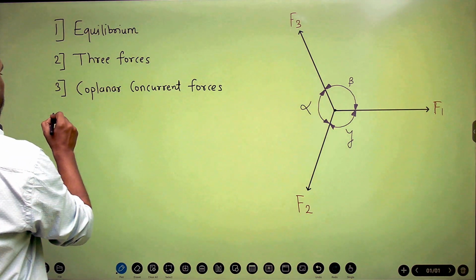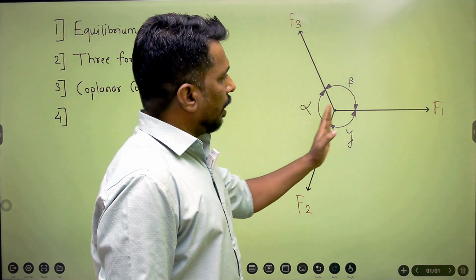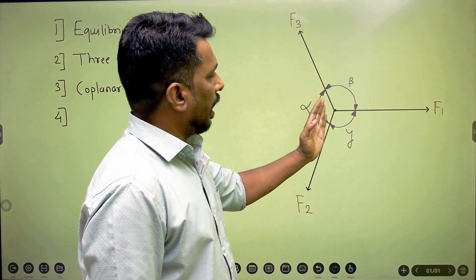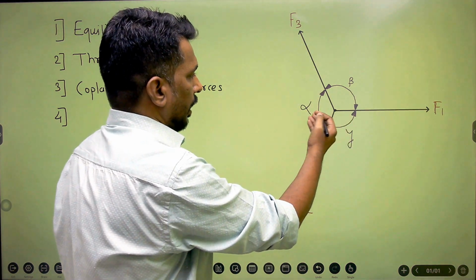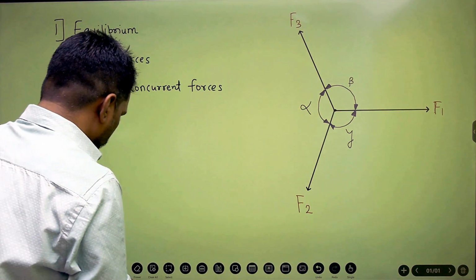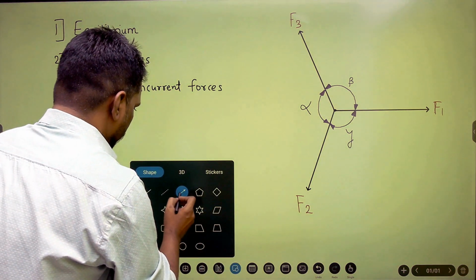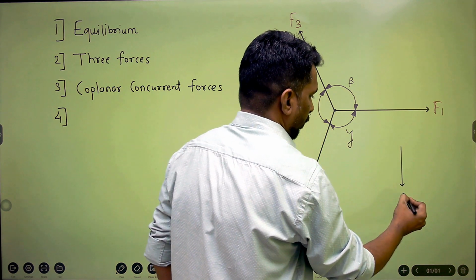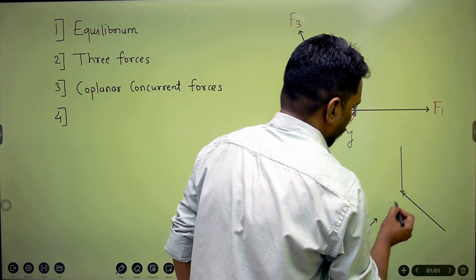Now the next condition is their direction. These three forces must be either acting away from the point or towards the point, or in other words, either tensile or compressive. So these are the tensile forces, acting away from the point. If I want to show the other direction, compressive, then it will be like this: one force, another force over here, and then the third force.